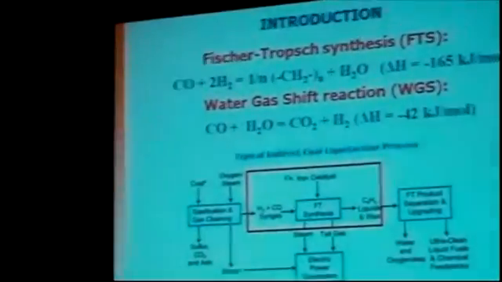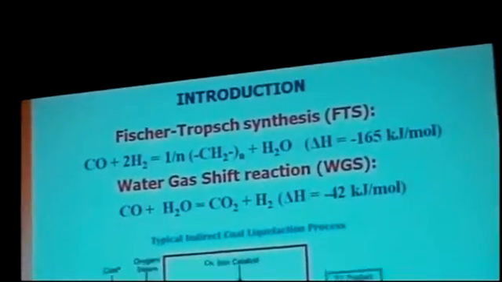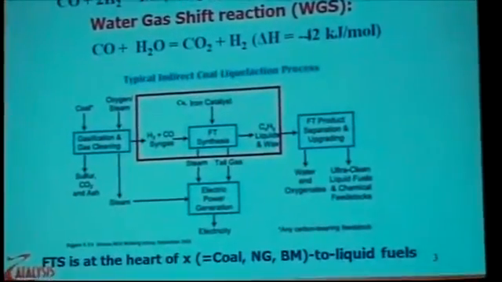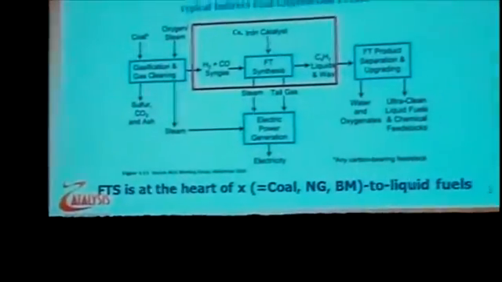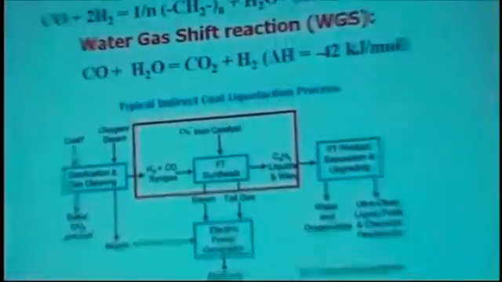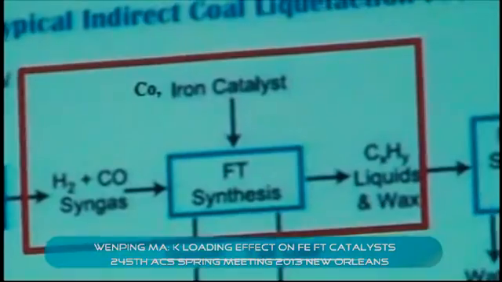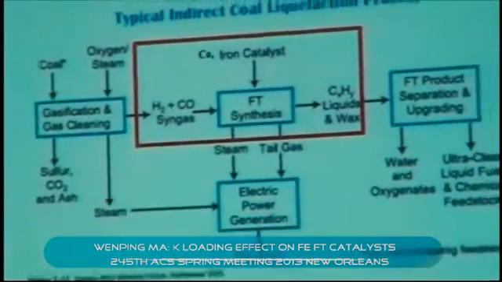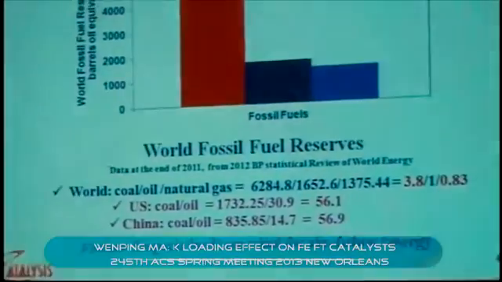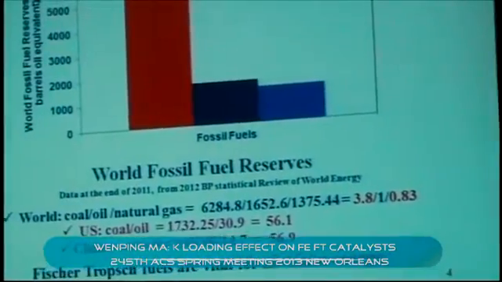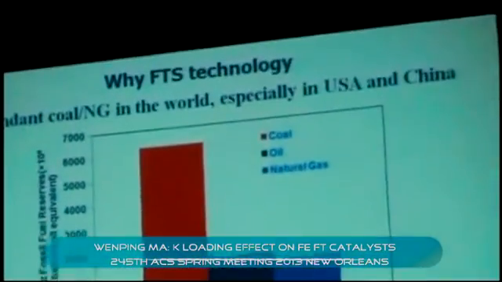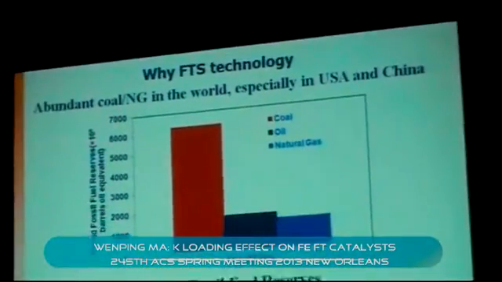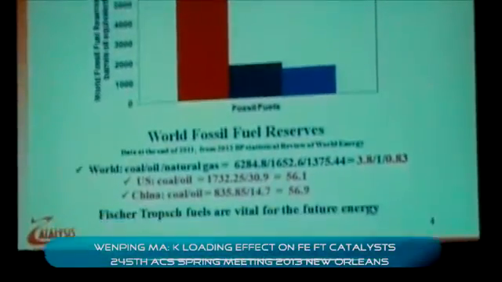As many of you know, Fischer-Tropsch synthesis is a technology for making liquid fuels from coal or natural gas and biomass. And these reactions have already attracted thousands of people in this world to explore. The reason why people study Fischer-Tropsch synthesis could be the amount of coal and natural gas reserves in this world.